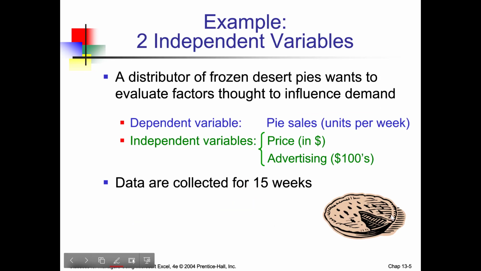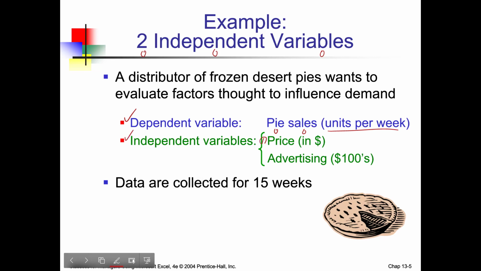Let's look at an example with two independent variables. Let's say a distributor of frozen dessert pies wants to evaluate factors having influence on demand, on the sales of the pie. Here the dependent variable is pie sales, in units per week. We have two independent variables.